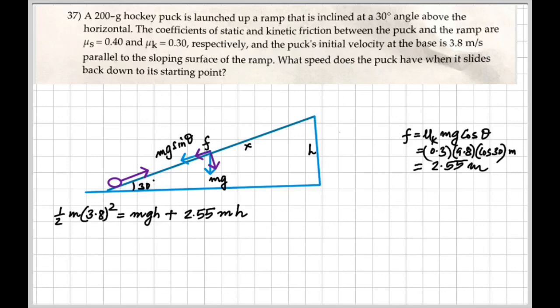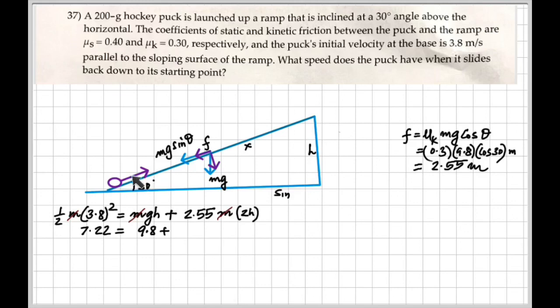So we got the force of friction is 2.55 m, but we need the distance. The distance is not h actually, it is x. I'm going to change that. So we need to find a relation between x and h. All right, I've changed it to 2 times h, and I'm going to show you how I get that, because x is 2 times h.